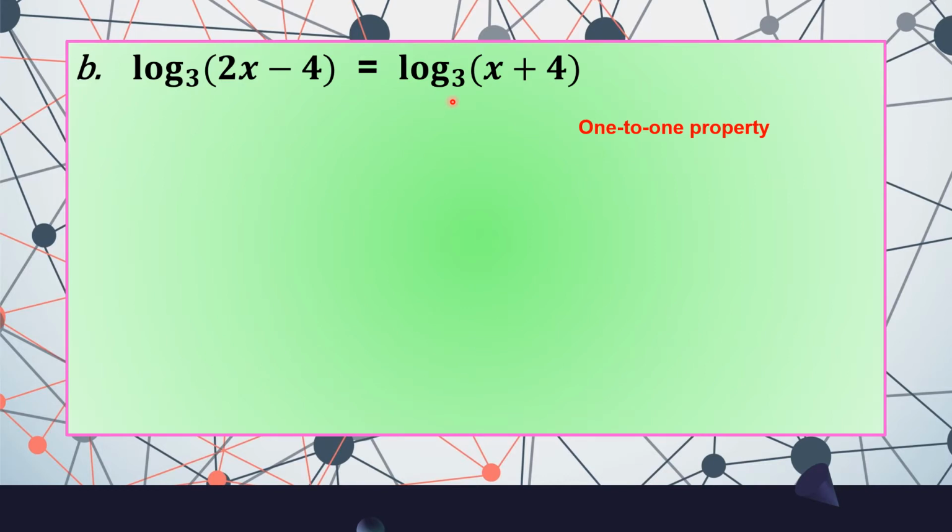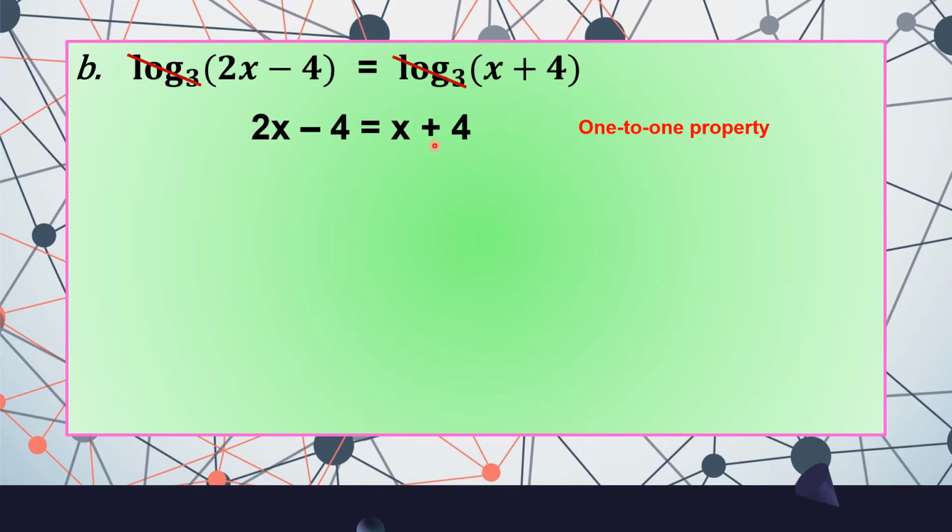And they have the same base, which is 3. So whenever we have log equals log and they have the same base, which is 3, then cancel the logarithm. So we have now 2x minus 4 equals x plus 4.